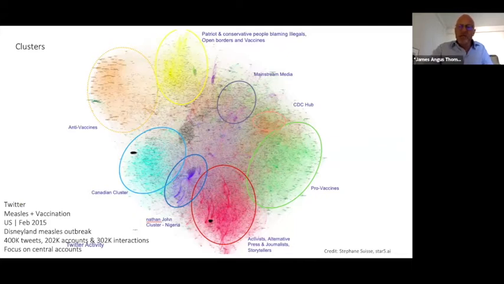So we eliminated a lot of accounts that are really, really peripheral. And what we saw was real clusters that weren't necessarily interconnected. The pro-vaccine cluster, bottom right, green, were pretty much talking to themselves, but so at this point were the anti-vaccine cluster up at the top left. The mainstream media, as you might expect, was interconnecting things in that middle piece.